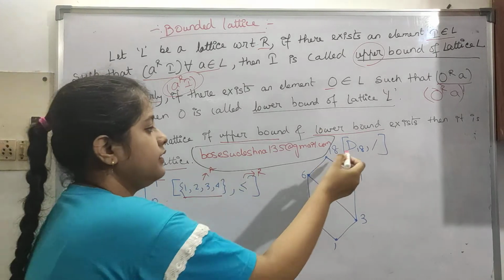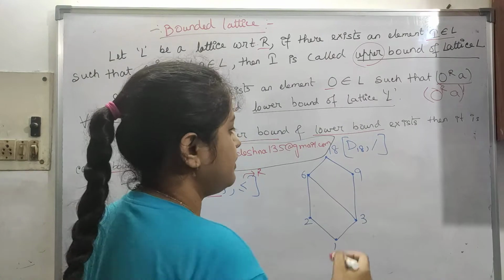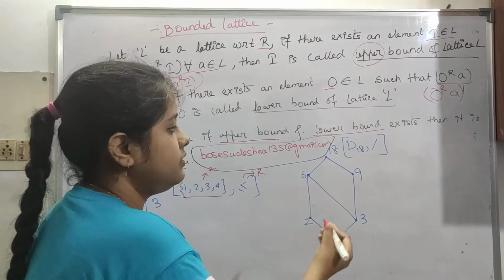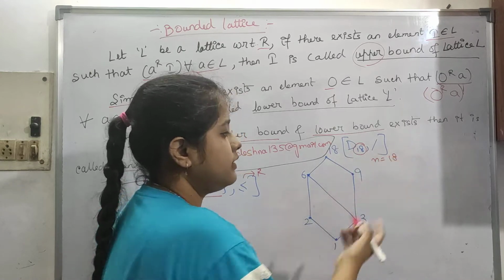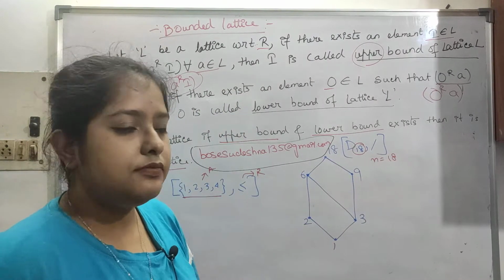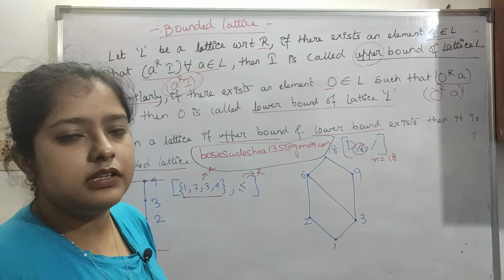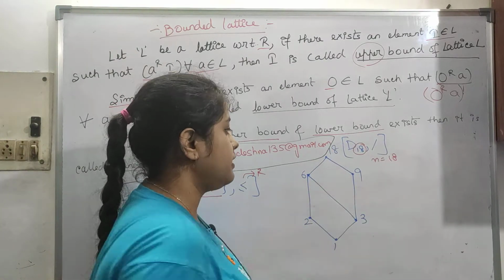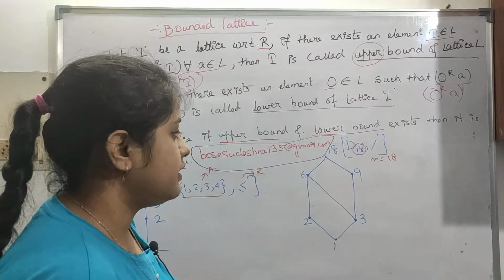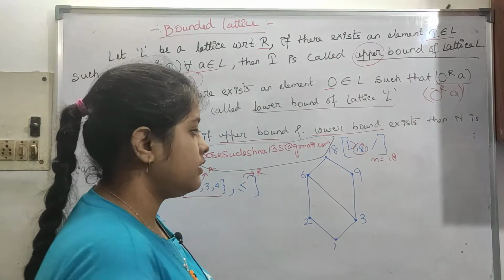Let's see here D18, this divisor lattice. 18 is a number, and Dn is the set of all positive divisors this number contains. So 18 has all these divisors: 6, 2, 1, 3, 9, and we have seen how to put a Hasse diagram in the Hasse diagrams video.